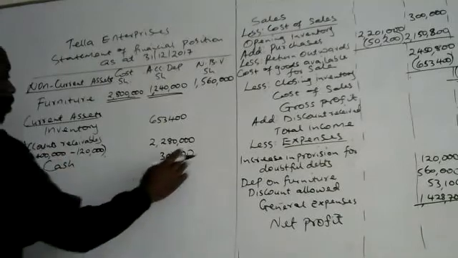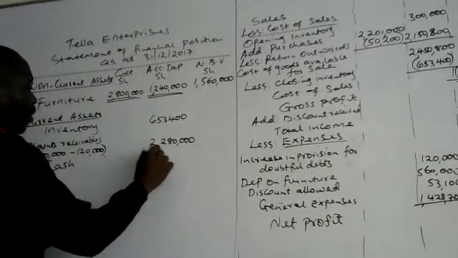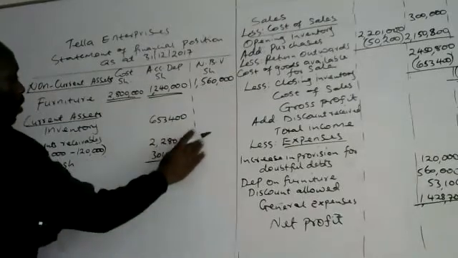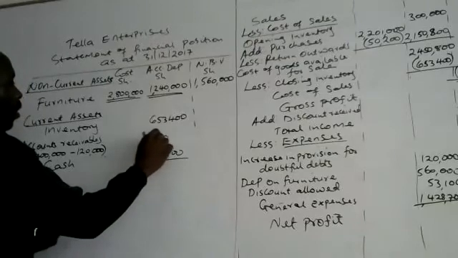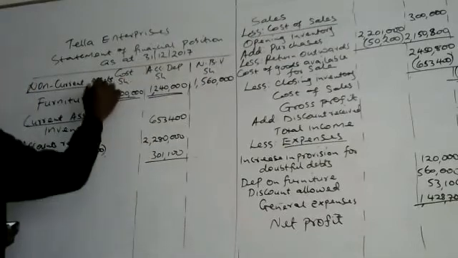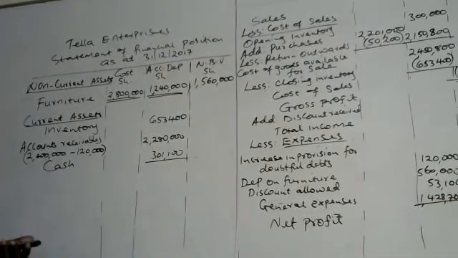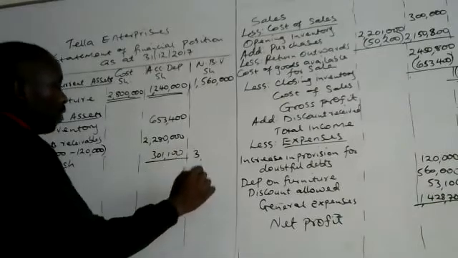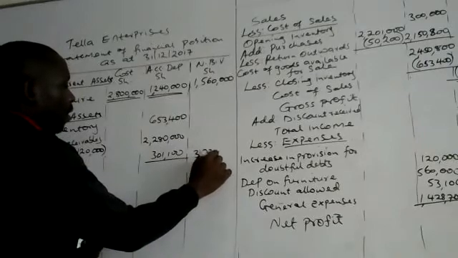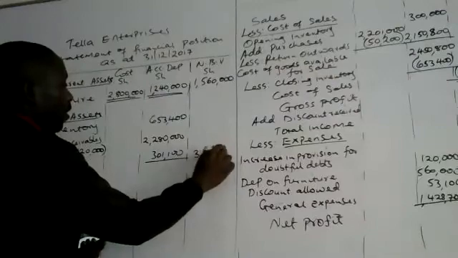Can you do for me the addition? So that now we can get the total figure for the current assets. Add for me these figures. 3,234,500.